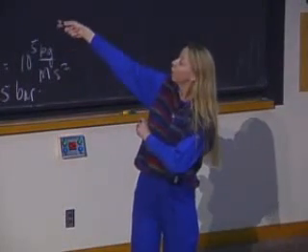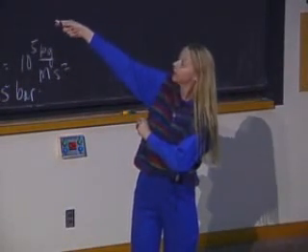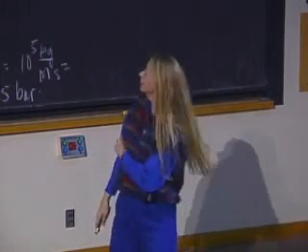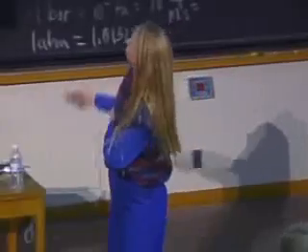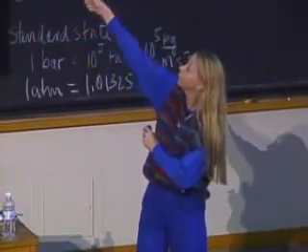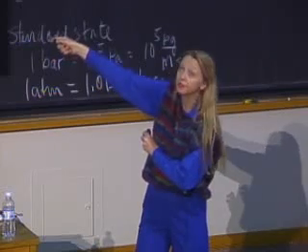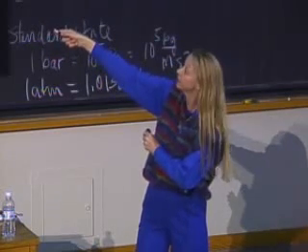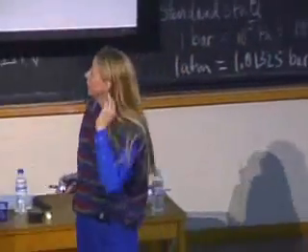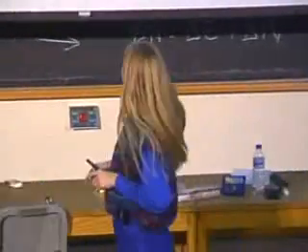There's 6 moles of water, so I need the heat of formation of water times 6, minus 1,715 or something. And then the difference between the sum of these two energies and these energies, that's the enthalpy of the reaction, minus 2,816.